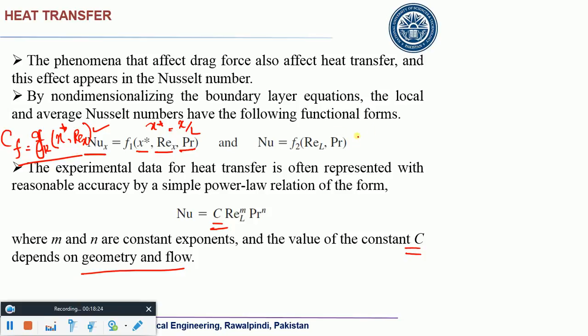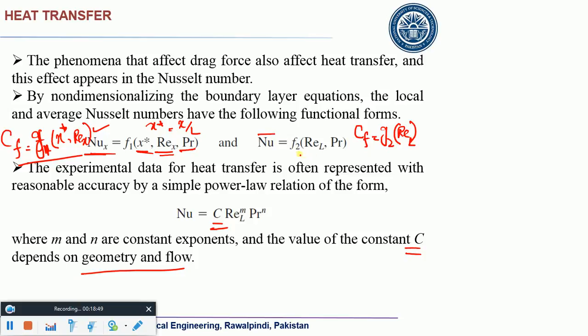And if I talk about the average CF, that should be what? That should only be dependent on Reynolds number. Similarly, Nusselt number, this is the functional dependence of local Nusselt number on non-dimensional x, Reynolds number and Prandtl number.